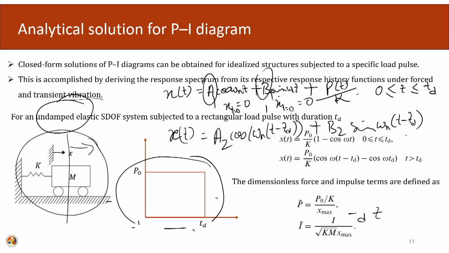And then we apply the initial condition where x at t equals Td is given by x naught, that is the value of this function at this point, and x dot at t equals Td is given by x dot Td. So, if we put the initial conditions over there, using the end conditions of the previous equations, we will get this equation.